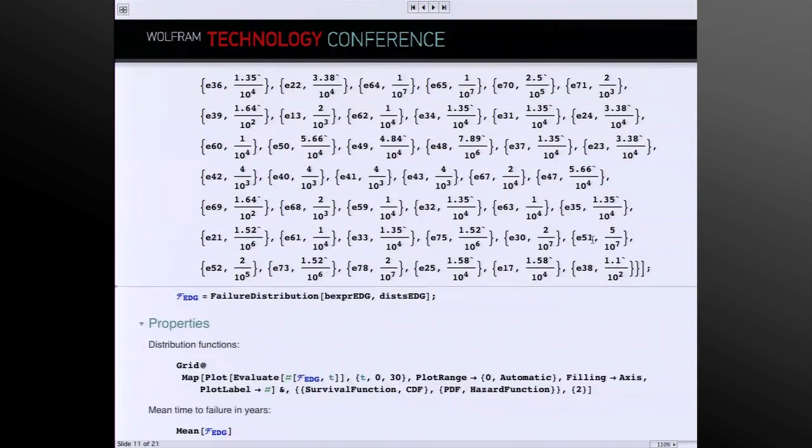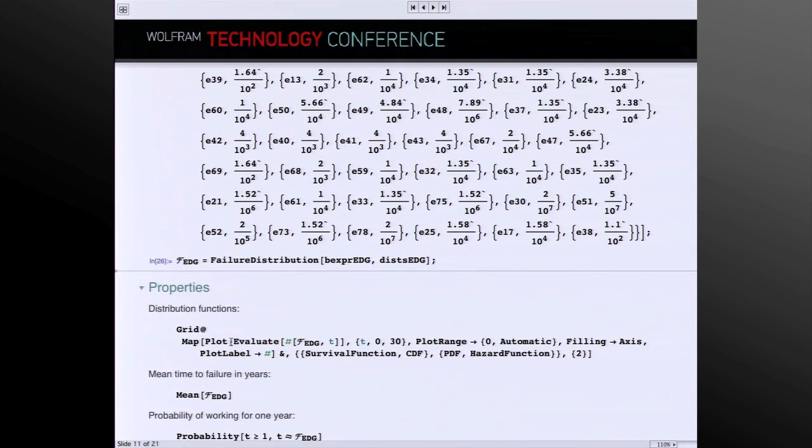Now I'll put all this together in one failure distribution, and I'll calculate the properties such as CDF and survival function. And for bigger systems like this, it will take a second or two to evaluate.